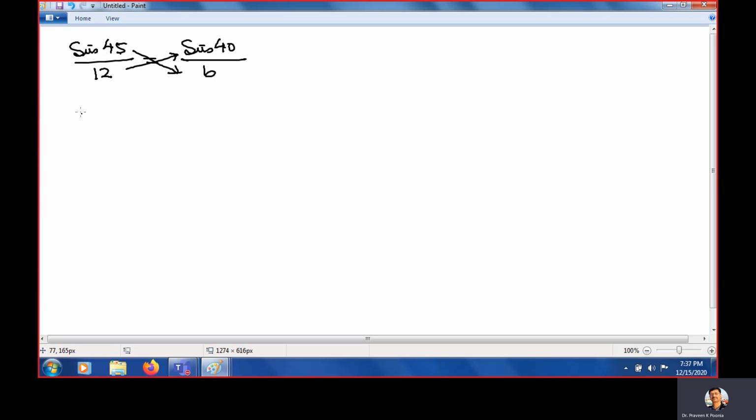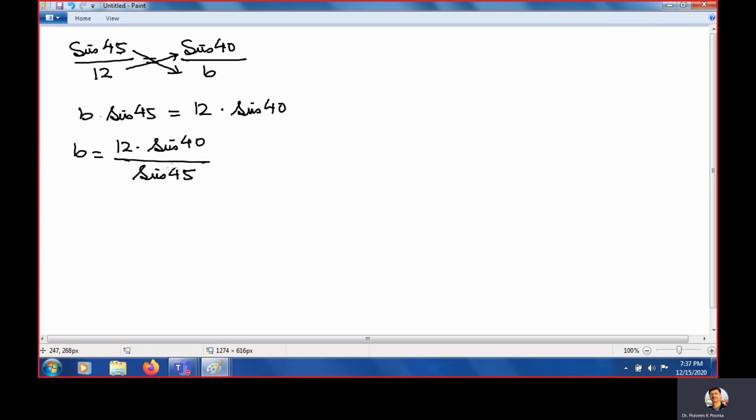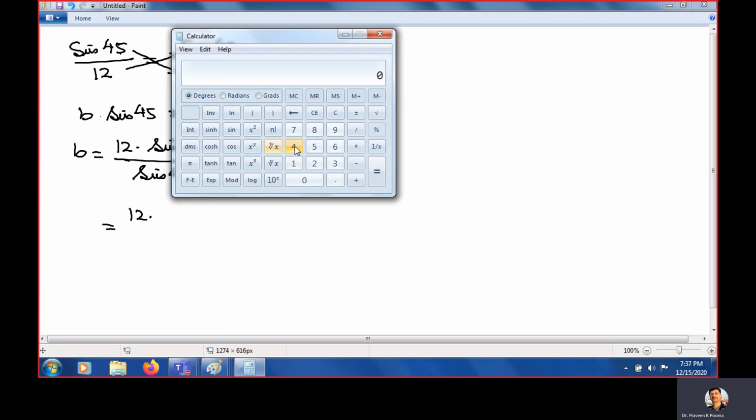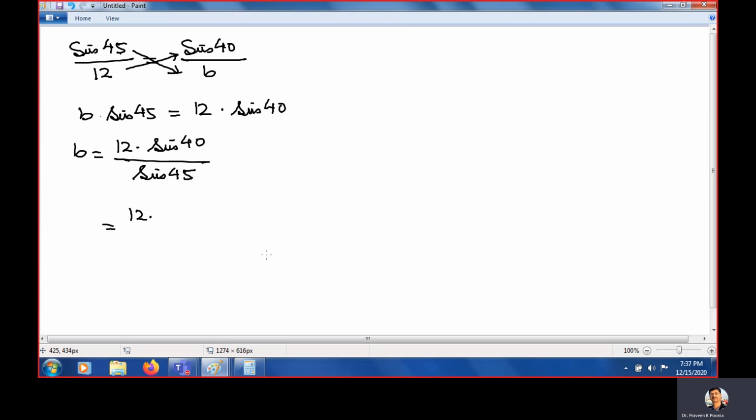So it is B into sine 45 equals 12 into sine 40. Divide by sine 45. So B is equal to 12 into sine 40 upon sine 45. Clear? Now we need to use calculator. 12 into sine 40. We will take calculator. It is 40 and sine. So it is 0.6427.